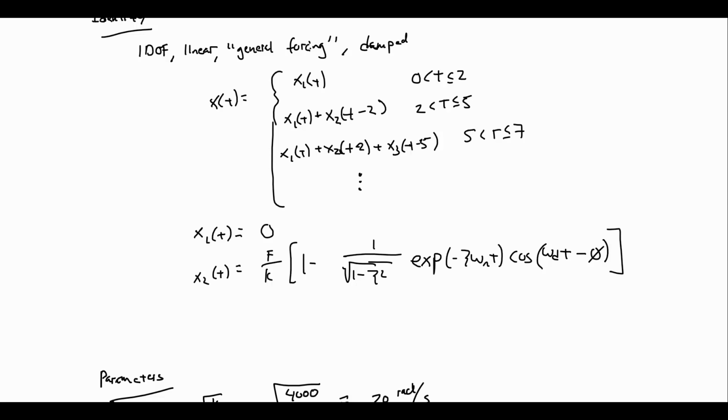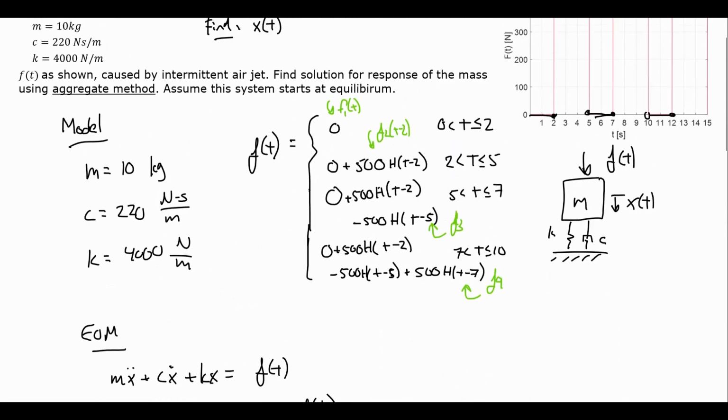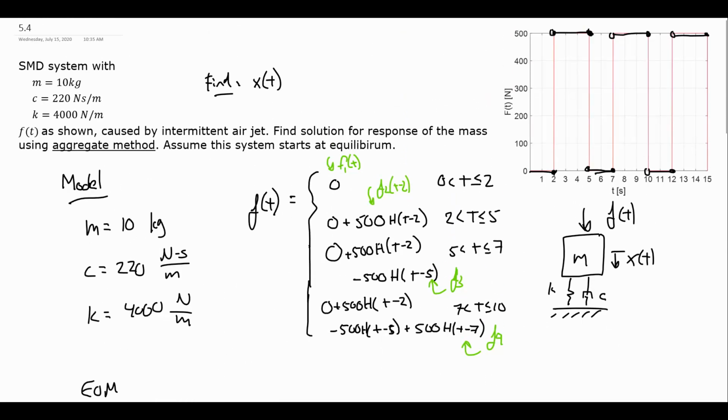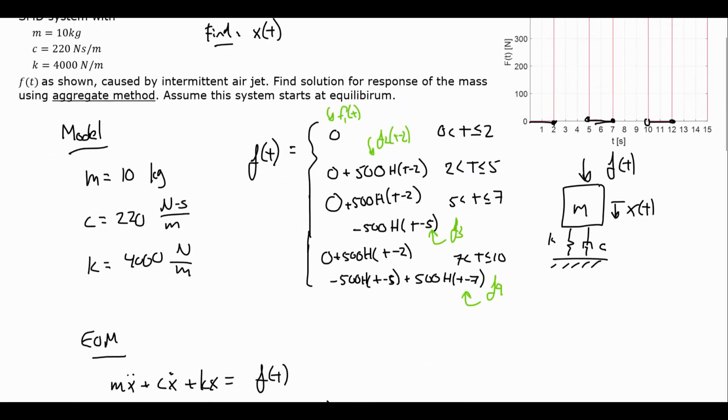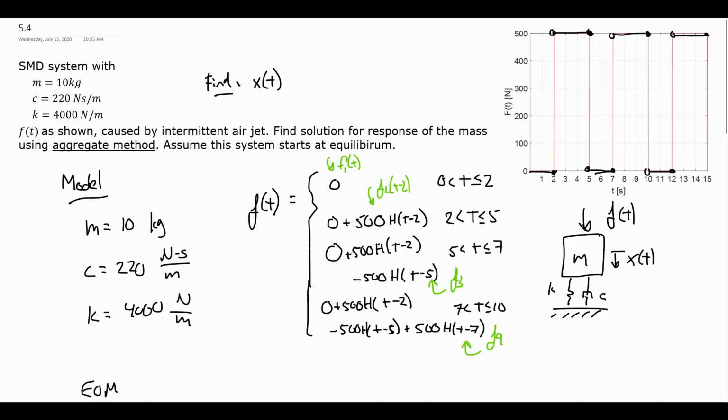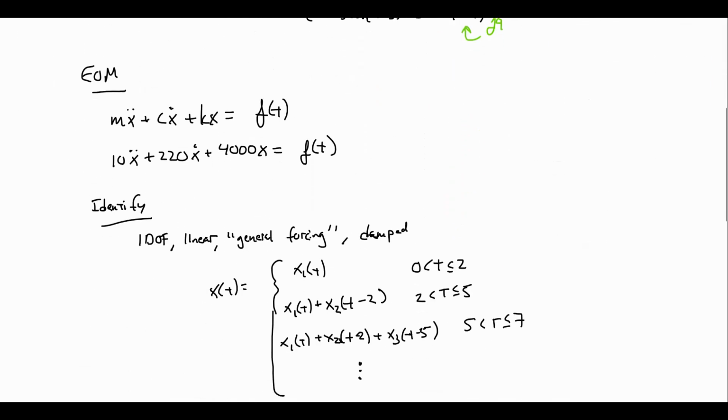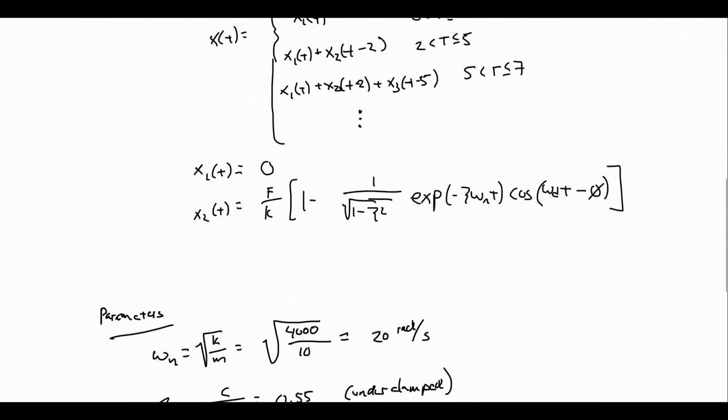So x2 corresponds to f2. Scrolling up here, f2 has a value of 500 as its amplitude. But if we look at f3, it's also a step function, but its amplitude is negative 500. So when we go down here to write x3 of t, everything from x2 is still going to be true.